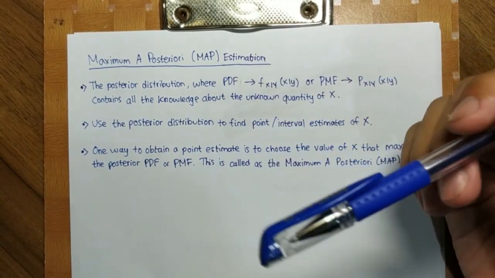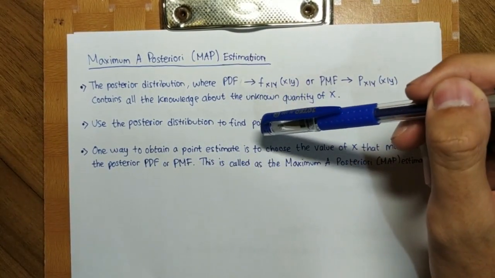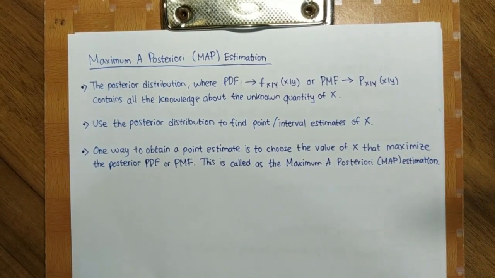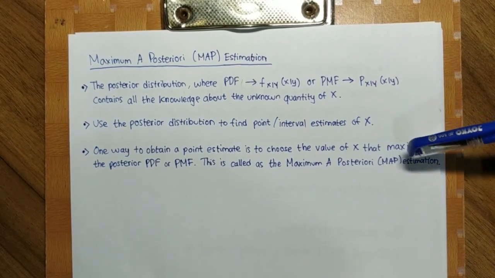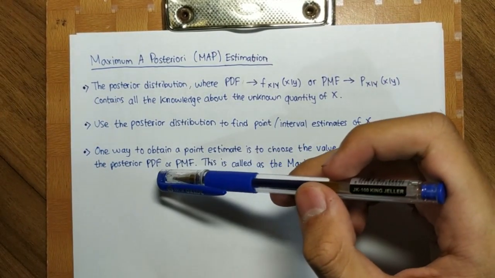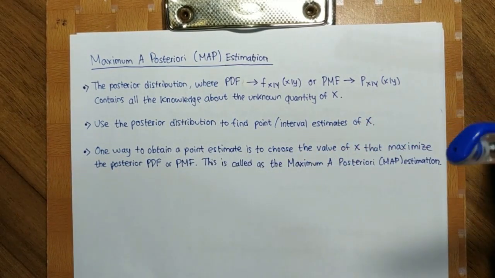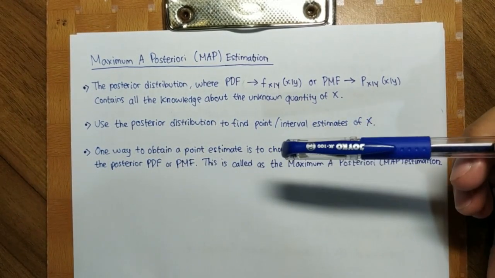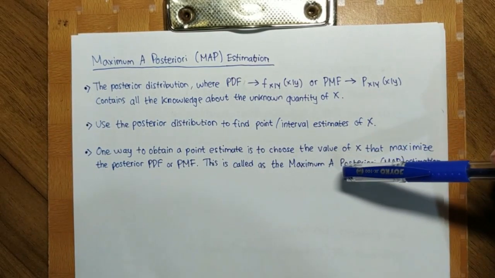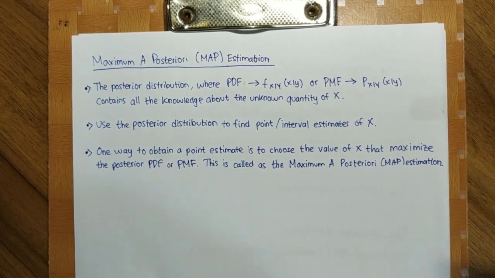One way to obtain this estimate is by choosing the value of x that maximizes the posterior PDF or PMF. This method is called maximum a posteriori or MAP estimation.